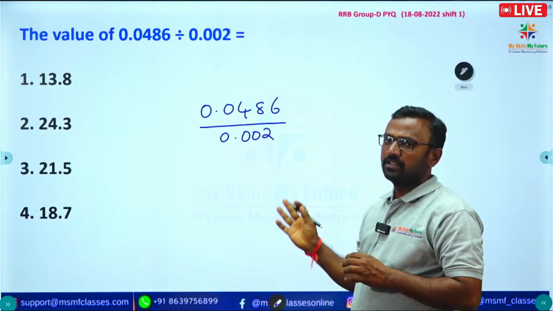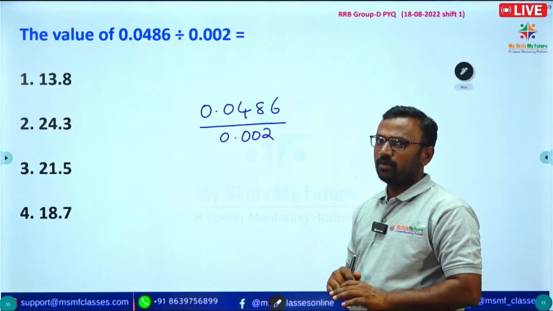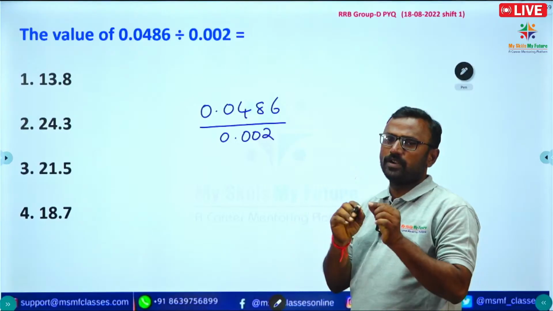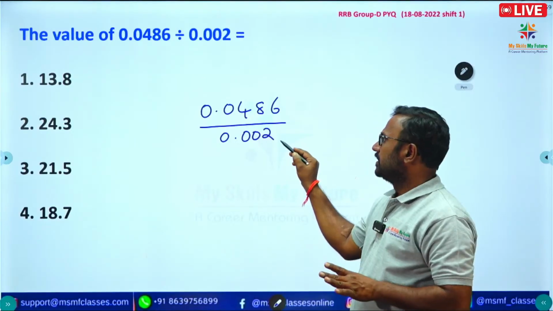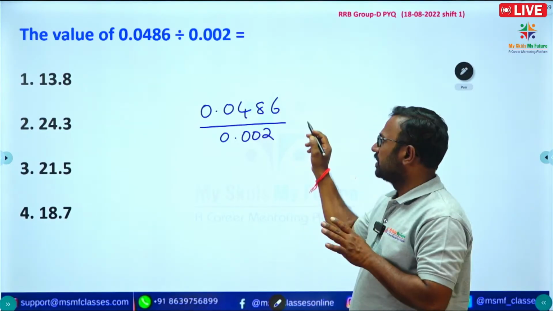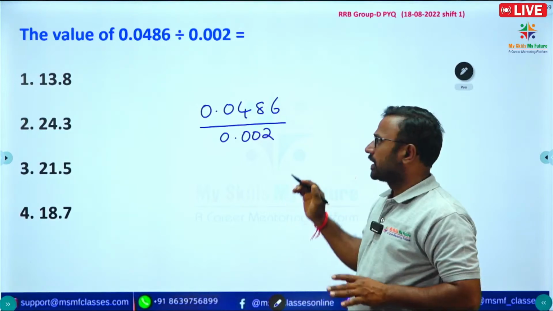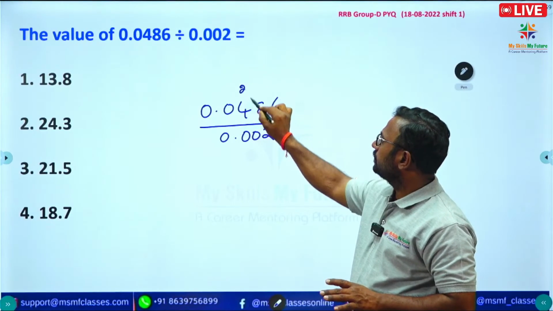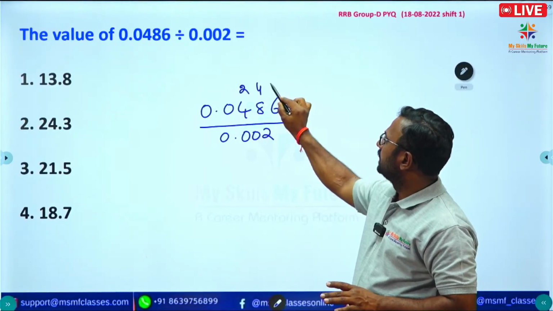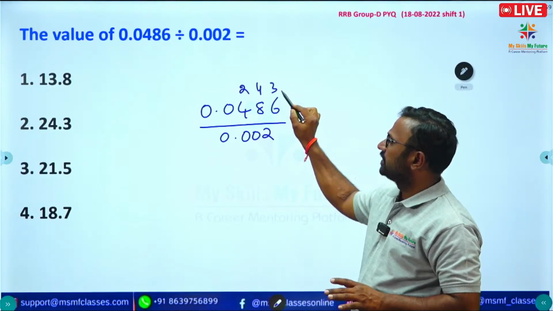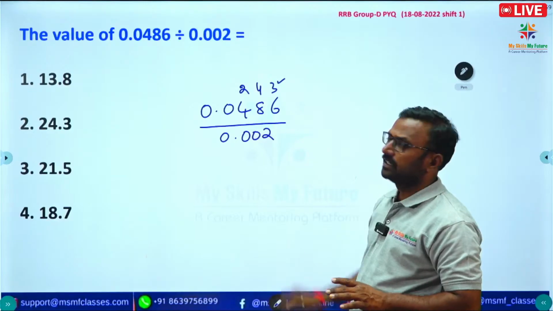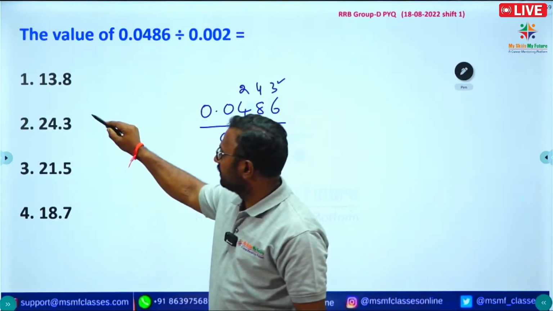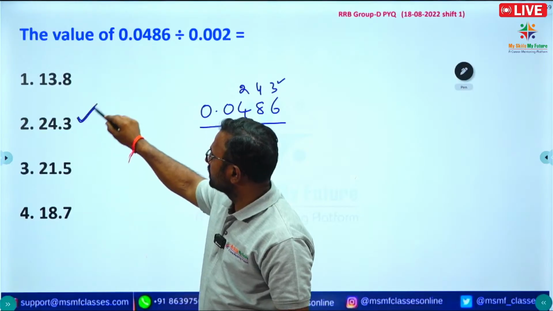Without doing any calculation, we can click the correct option. In the denominator we have 0.002, so the numerator value gets halved. What is half of this number? 2, 4, 3. So whatever the answer, the number ends with 3. Option 2 is ending with 3. Yes, this option is correct.